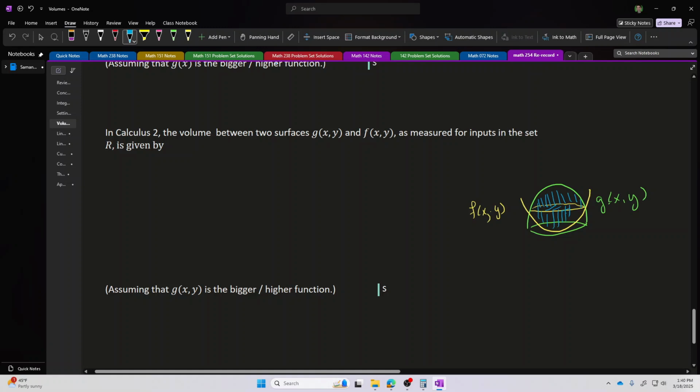You can measure that using a double integral instead of a single integral. A double integral of the surface on the top minus the surface on the bottom.